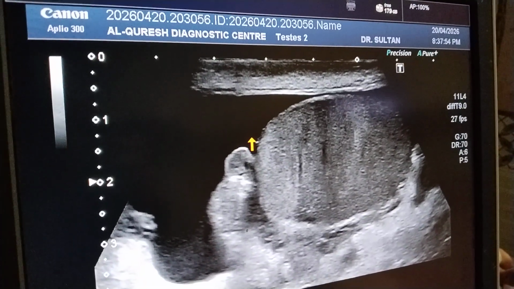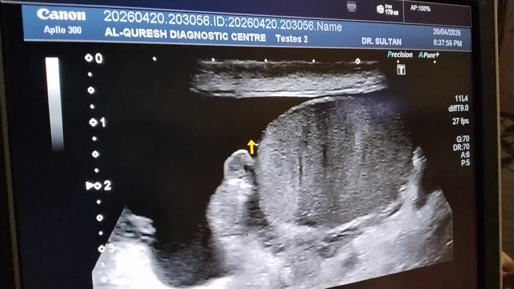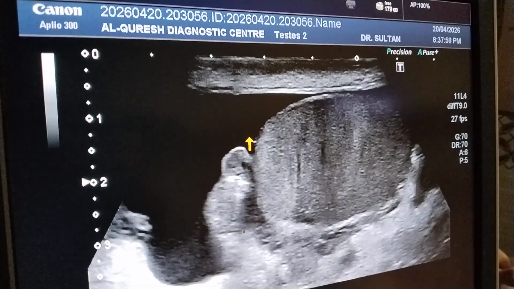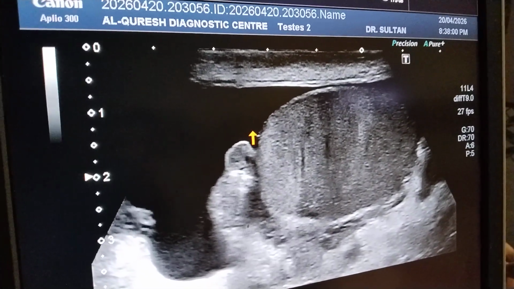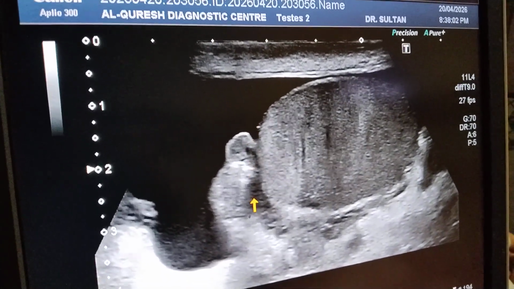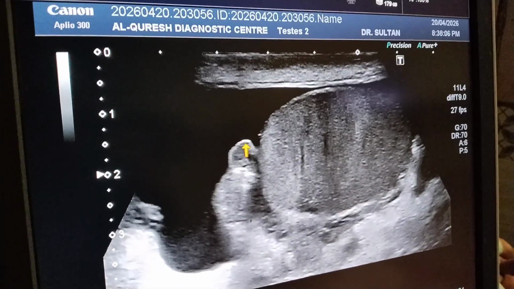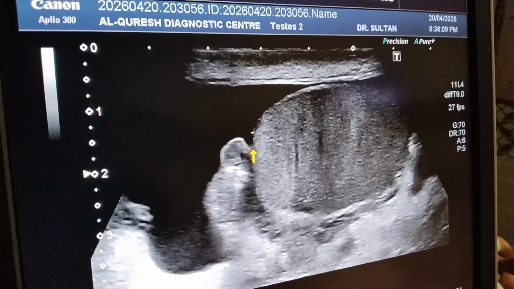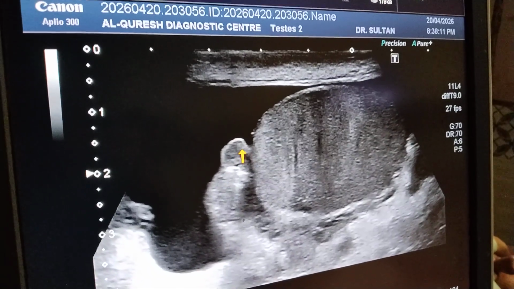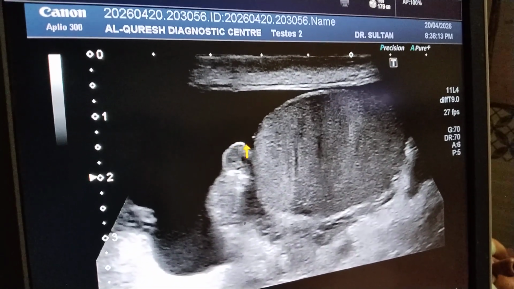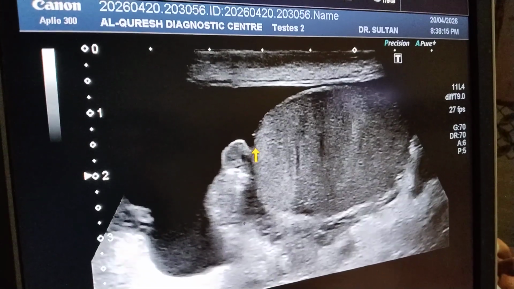So I have already focused on the left testes. Now I am focusing on the appendix and epididymis. What is the appendix? Appendix is also present in the abdomen, and this is the appendix of the testes, which is the remnant of the paramesonephric duct.